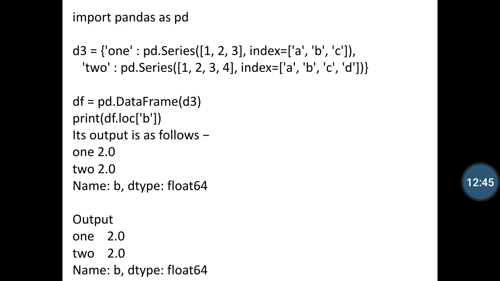The output is shown and you can notice that 1 is 2.0 and 2 is 2.0, the name is b, data type float64.